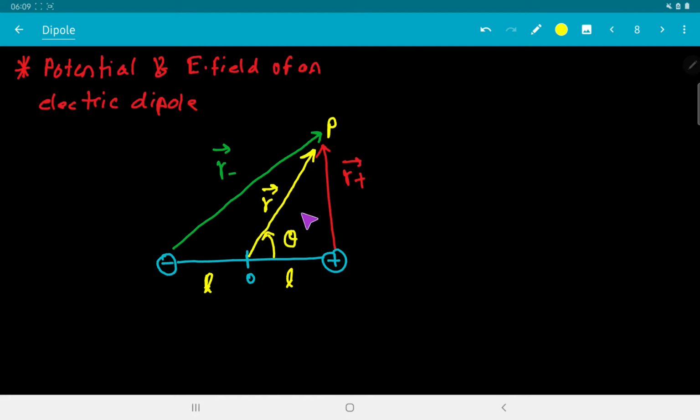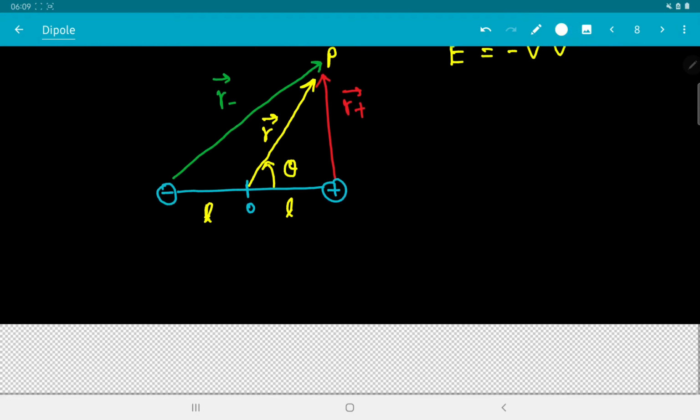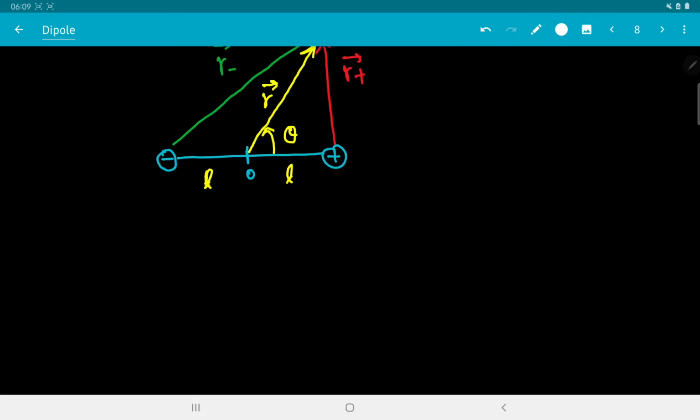So let us first find the potential, and by using the relation electric field is equal to negative gradient of potential, we can easily find the electric field. So first let us write the r positive by using the vector law of addition.